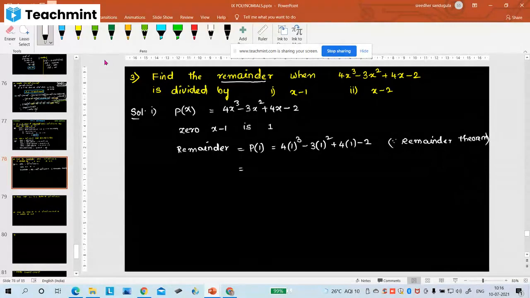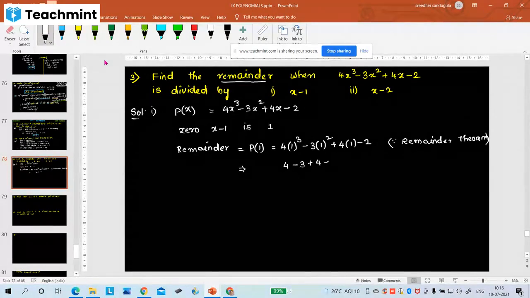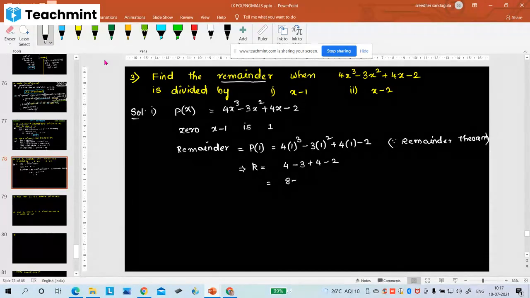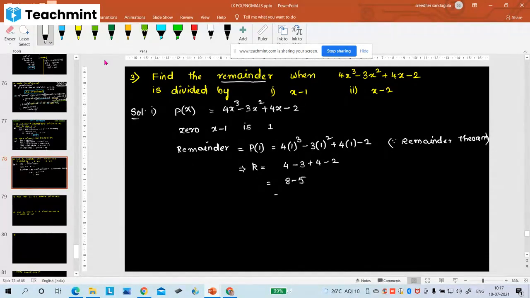So p of 1, what do you get, children? 4 into 1 cube is 4 itself, minus 3 into 1 square is 3, plus 4 into 1 is 4, minus 2. This is nothing but p of 1, that is the remainder. That implies 4 plus 4, 8, minus 3 minus 2, minus 5. 8 minus 5 is 3. Therefore, the remainder is 3.